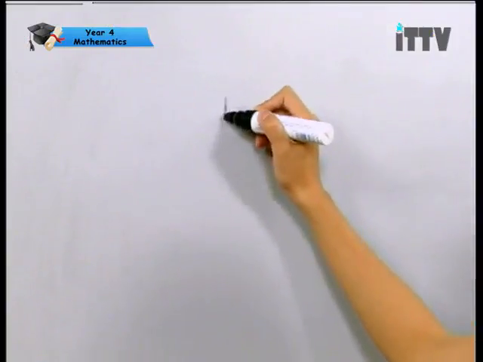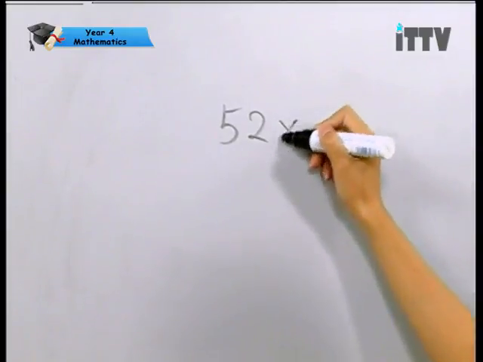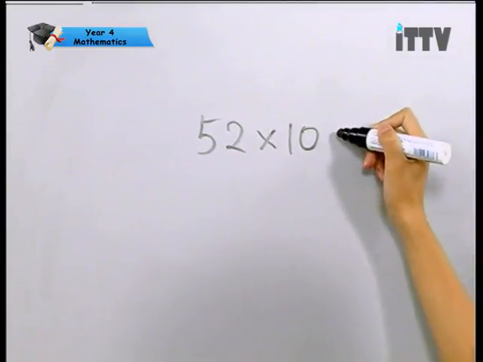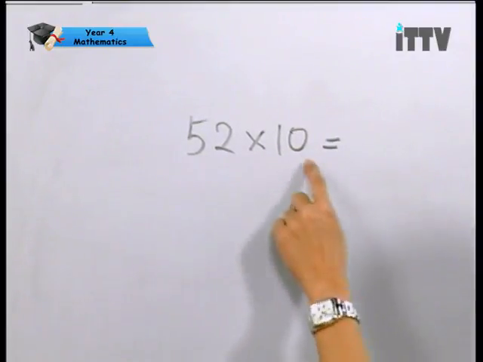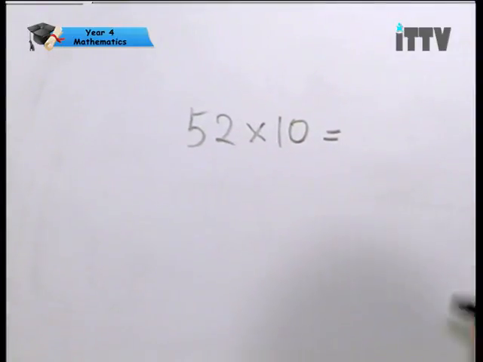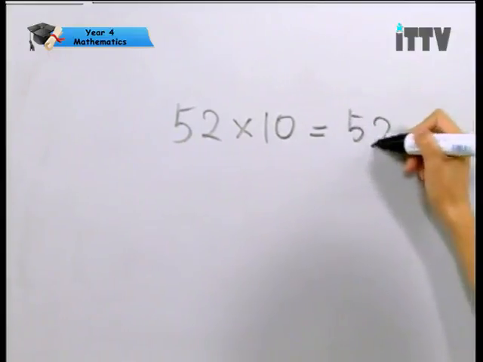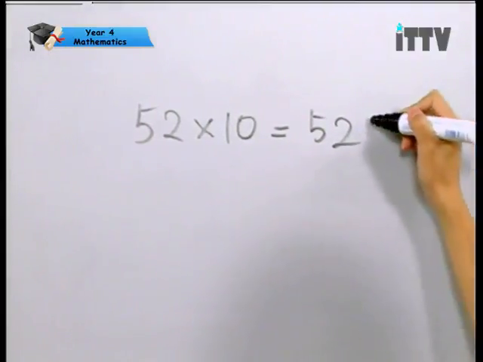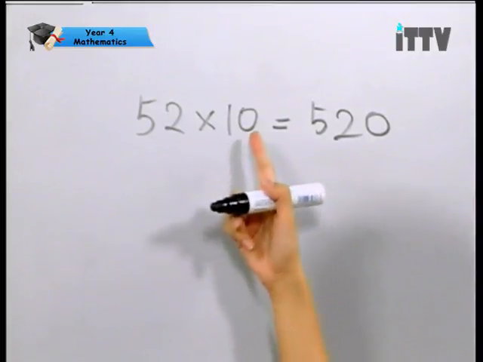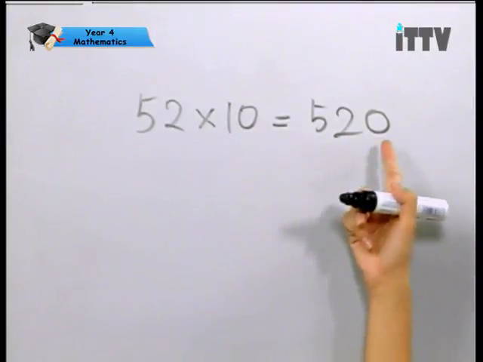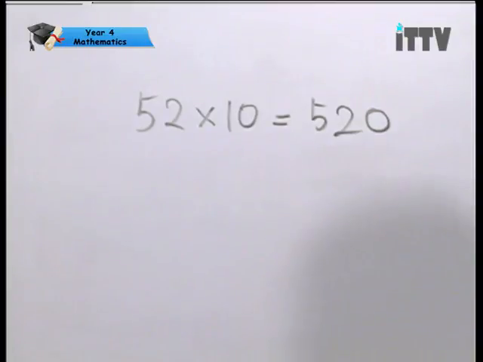Okay? Now for the first question, we have 52 multiplied by 10. Whenever we multiply a whole number by 10, we just copy down the whole number and add a 0 to the back. That's the answer. When we multiply any number by 10, it is the number with a 0 at the back.